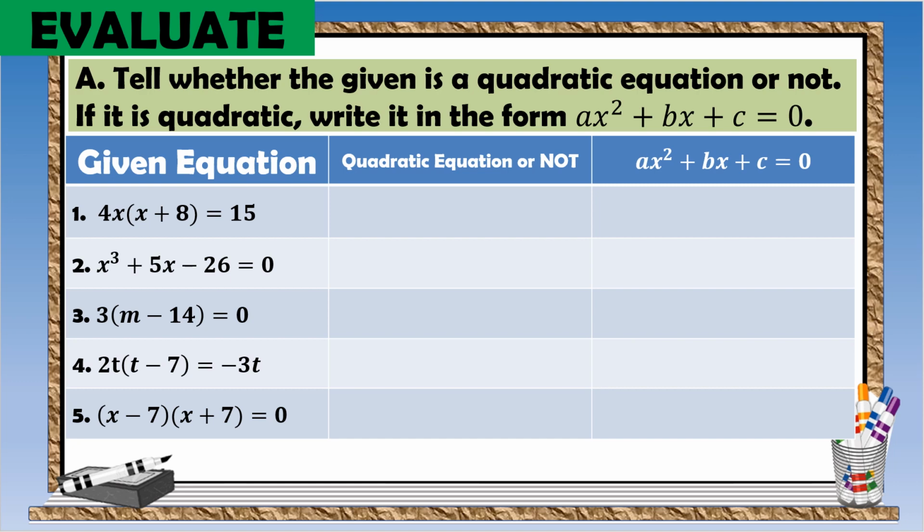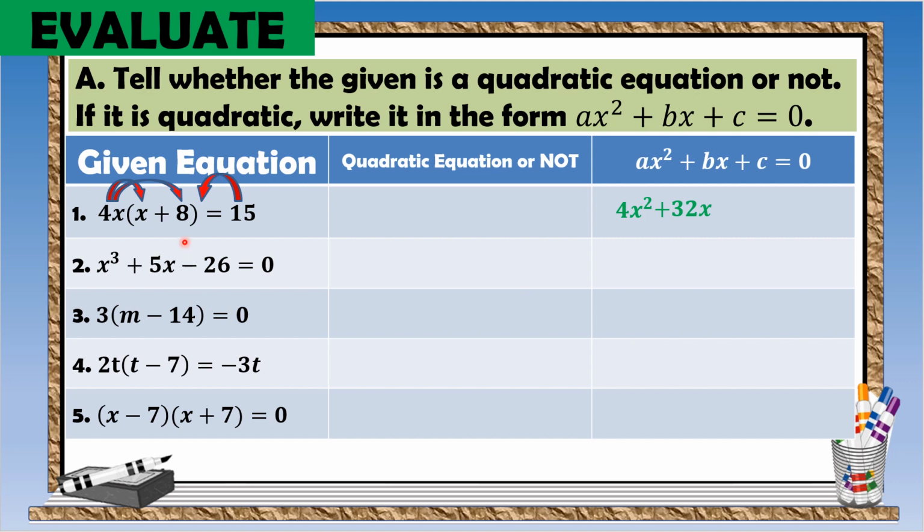So for the given equations, we have number 1, 4x times the quantity x plus 8 equals 15. Let us use the distributive property. 4x times x is 4x squared. Then 4x times 8, we have positive 32x.